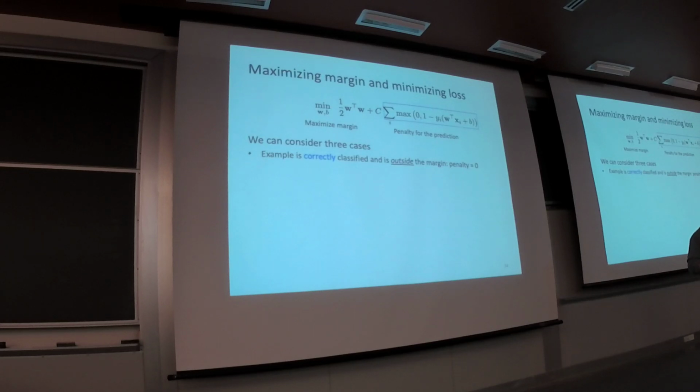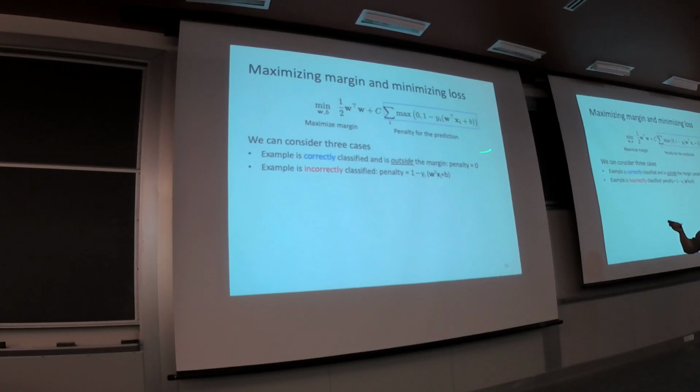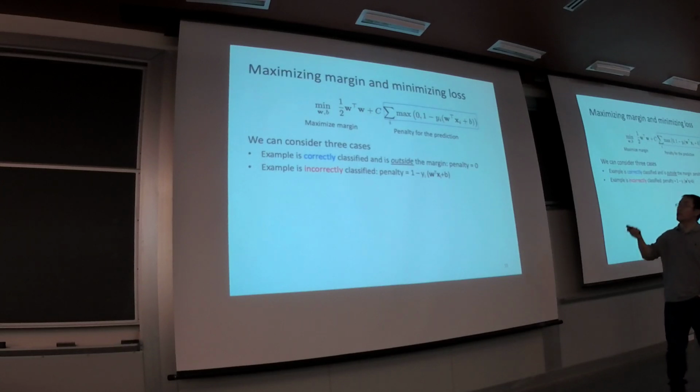So this is the first case. The second case is that the example is incorrectly classified. What is the value of this function? If we misclassify the example, what is the function margin? It must be negative.